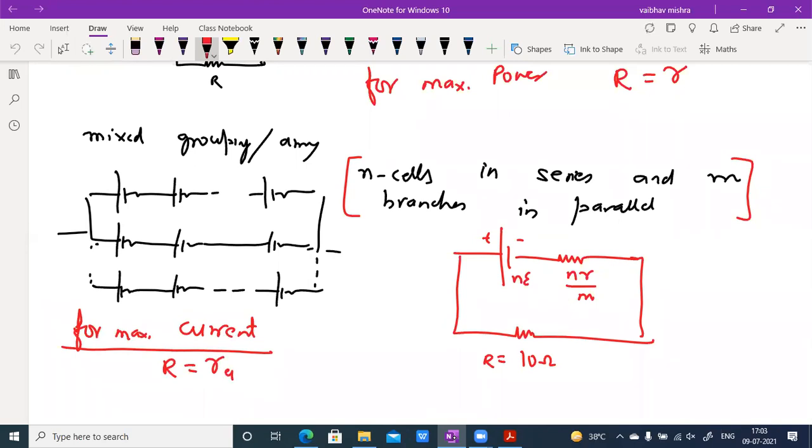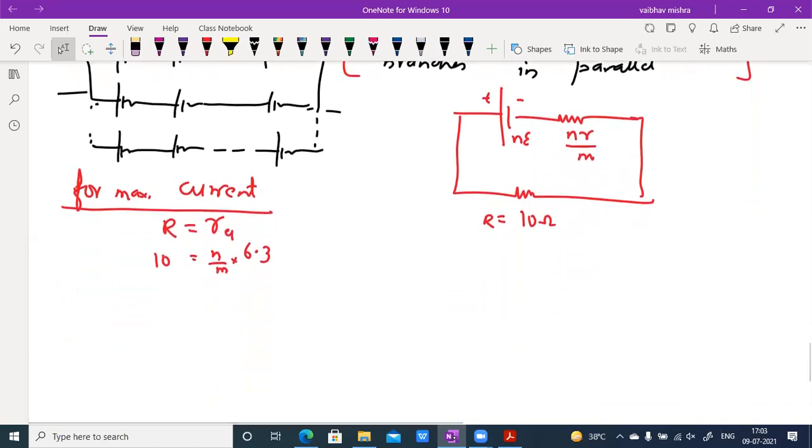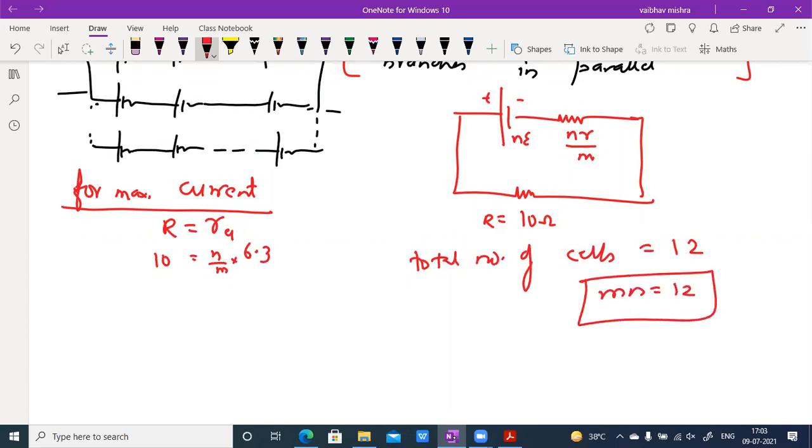That means n by m times r, 6.3, should be equal to 10. And the second equation is the total number of cells is 12, so m into n is 12.